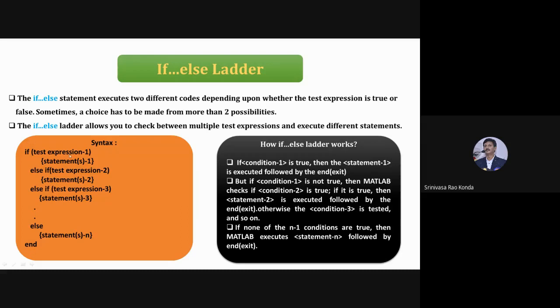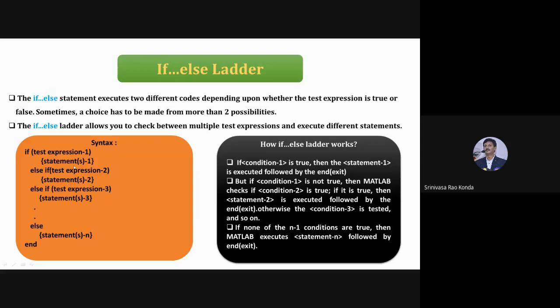If condition 1 is true, statements 1 are executed, followed by exit. If test expression 1 is not true, it checks condition 2. If condition 2 is true, statements 2 will be executed, followed by exit.